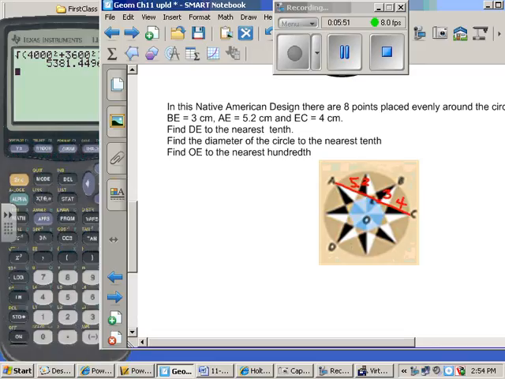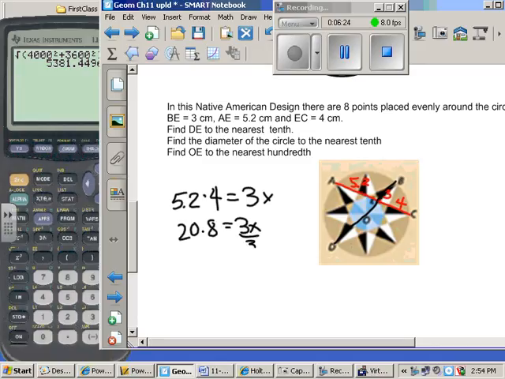So we've got a distance here, and here and here, and I'm guessing we're looking for DE. Yep, so we're looking for this distance. That's chord-chord. So 5.2 times 4 should equal 3 times DE, which we'll call X. That's 20.8 equals 3X.